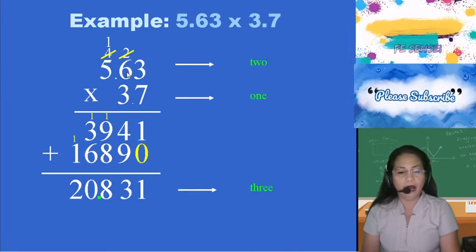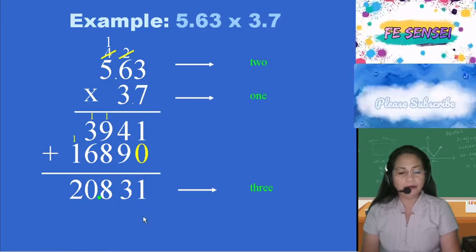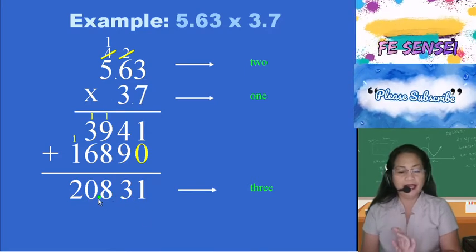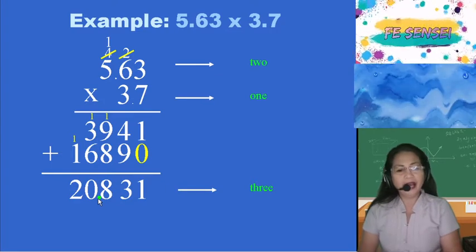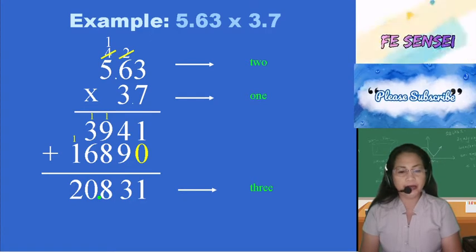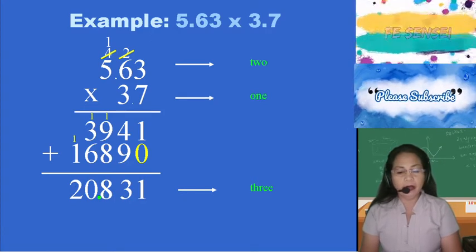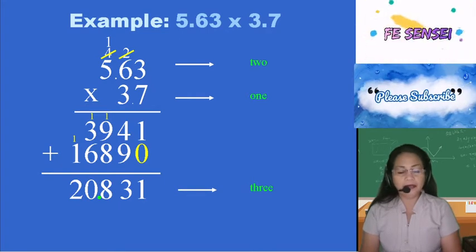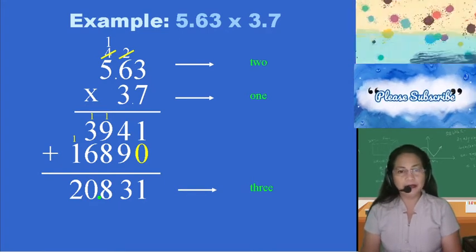So we have here 1, 2, 3. So from the right, 1, 2, 3. So 5 and 63 hundredths times 3 and 7 tenths equals 20 and 831 thousandths.